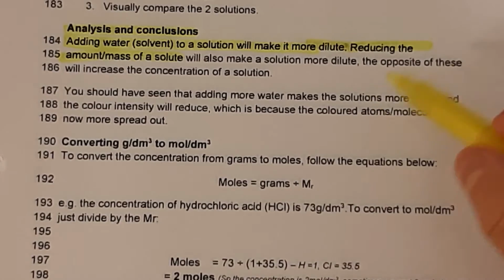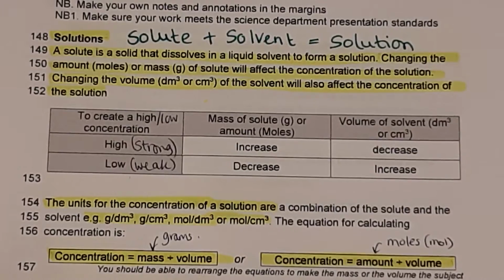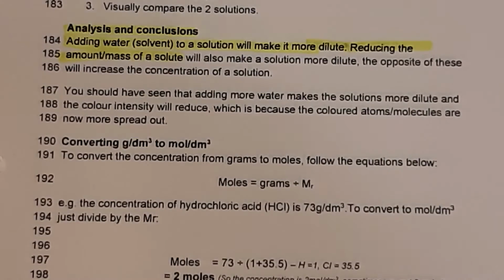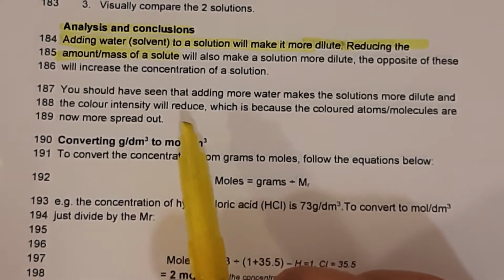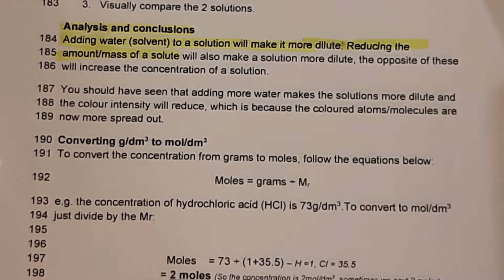This is what we covered on page 24 in this table here. It's just a re-explanation of these points. You'll have seen that with squash, when you add more water, the squash looks weaker, more dilute, because it's not as bright and colourful. It's very obvious with red squash or Ribena.